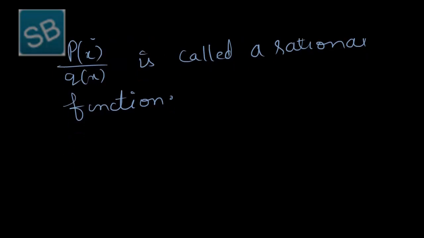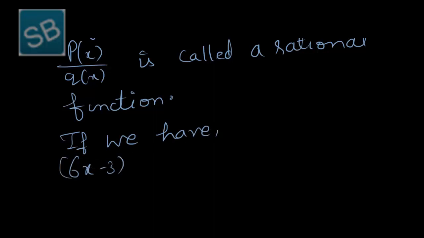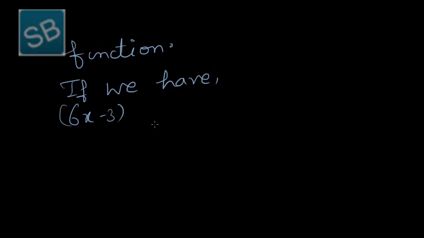So if we have 6x minus 3 over (x minus 1)(x plus 2), this is the form of a rational function.